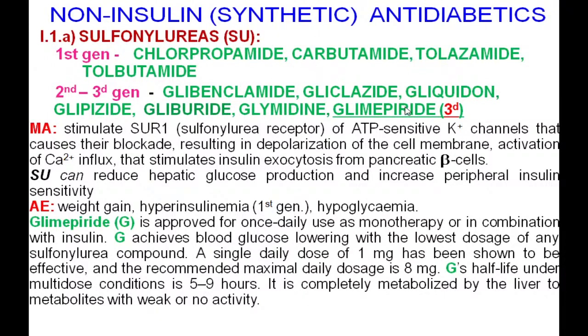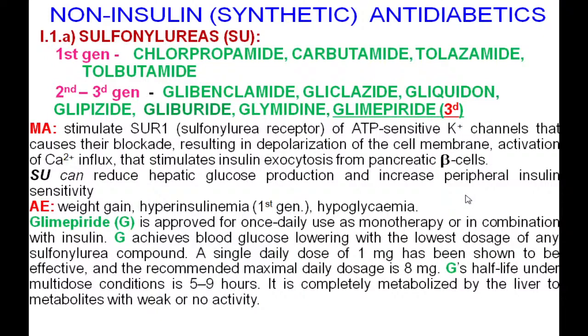Second and third generation cause shorter insulinemia. That is why usage of these drugs less causes different side effects associated with long-term hyperinsulinemia. Possible adverse effects: weight gain, as I told, hyperinsulinemia, and hypoglycemia.